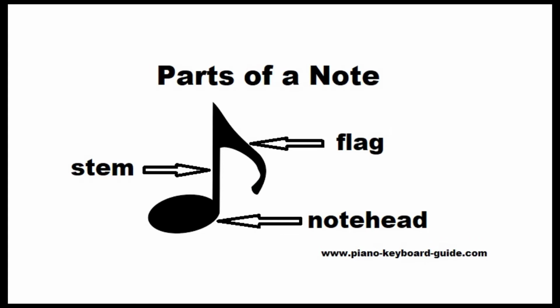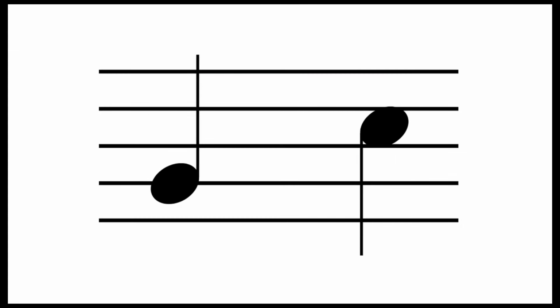The stem is a vertical line attached to some notes. These lines point either upwards or downwards. The stems usually point down for notes on the middle line of the staff or higher, and up for those below.